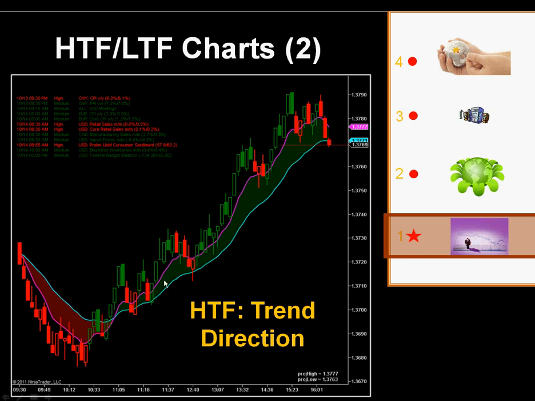On this higher time frame, I have 2 moving averages, and then a trend indicator to color the candles to tell me the trend, whether it's bullish or bearish.